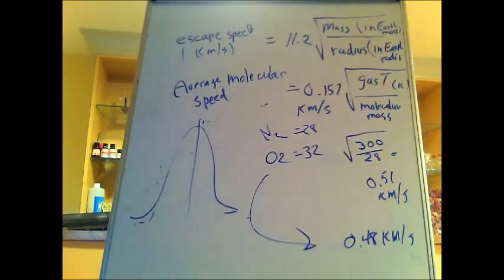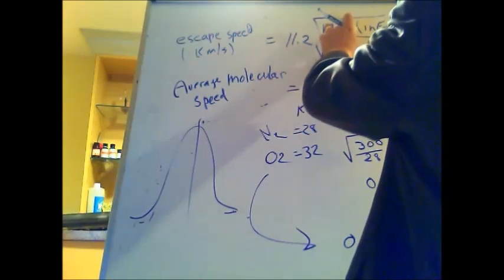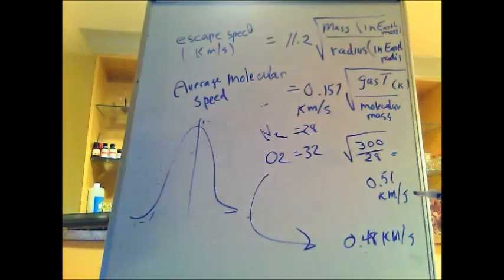But it turns out that if your gravity is much lower than that, and I don't have the figures for the moon, but you can see certainly the moon in Earth masses is going to be a lot smaller. Its radius will be smaller as well, but nevertheless the escape speed from the moon is going to be a lot less than this.